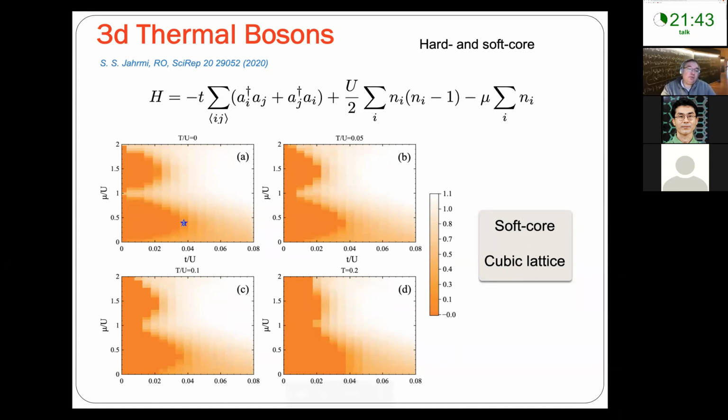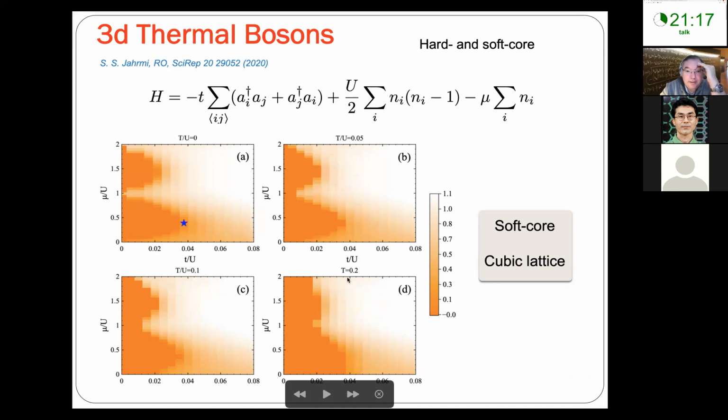Now, what we are able to do with our algorithm is to switch on the temperature and to ramp it up. And effectively, this is what we get at 0 temperature. We see very clearly the 2 lobes. But as we switch on the temperature, we see that the 2 lobes start to melt. They melt with each other. And that's exactly what we see already for very low temperatures right here in B, at temperature in units of U, 0.1.